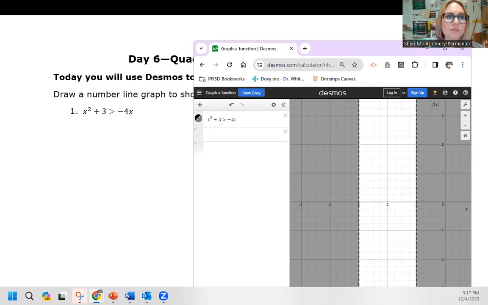When it says draw a number line, we're going to do that. We're going to draw a number line. And the only two numbers that we care about are the two numbers where it crosses. What are these two numbers? Negative 3, negative 1.